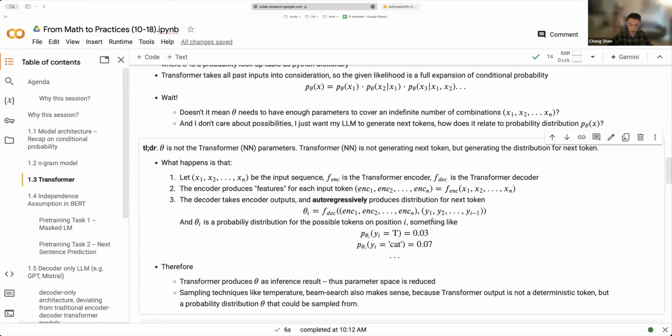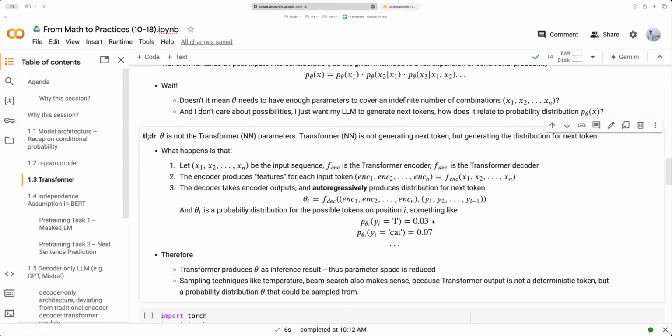So theta then is the output layer of the network, the logits. In the case of language models, it would be the logits that would then be fed into a softmax, correct? That is correct.